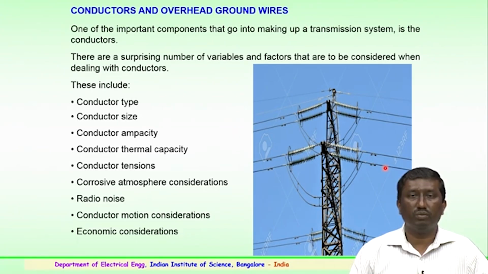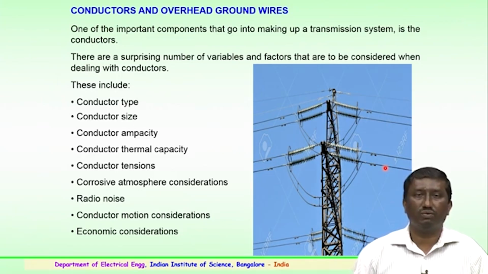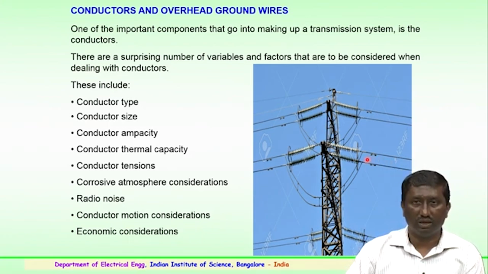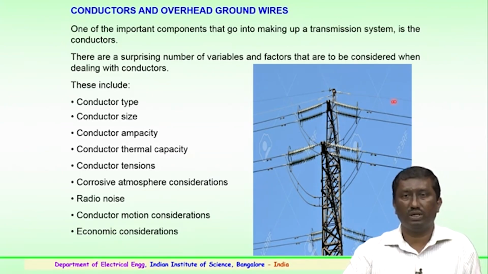Then finally, the economic consideration: going in for the type of conductor for a particular voltage, and what type of conductor span and line length. So, these again have to be looked into from the economic point of view. These are some of the various factors and variables to be considered, particularly when dealing with the overhead conductor as well as the overhead earth wire or ground wires which are being used.